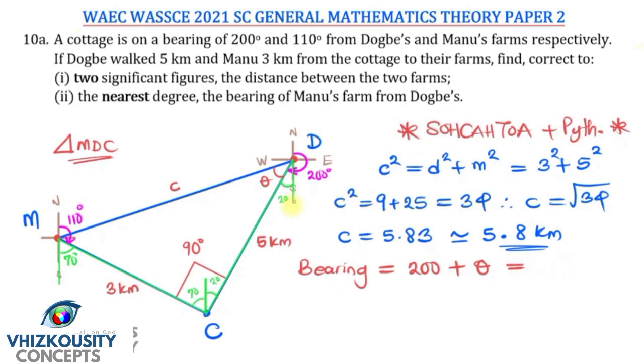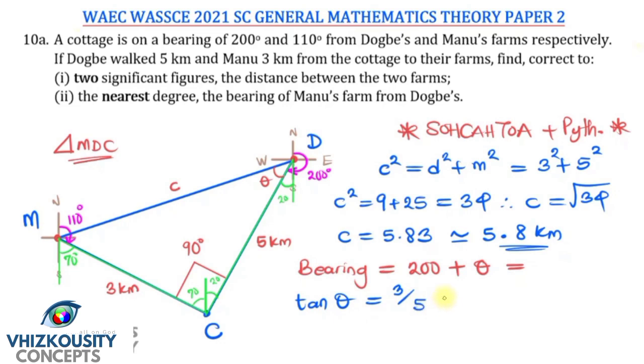But for us to get theta, since this is a right angle triangle, if we consider this angle theta, we have the opposite to it, which is 3, and the adjacent to it, which is 5. So what is relating the angle, the opposite, and the adjacent? That is tan. So tan theta is equal to the opposite, which is 3, over the adjacent, which is 5.